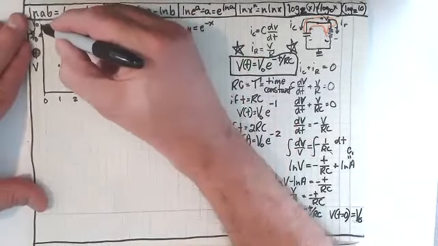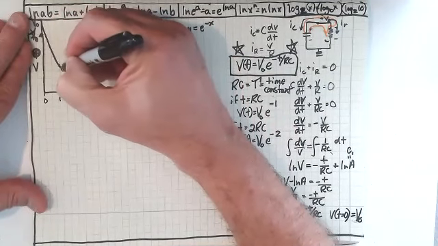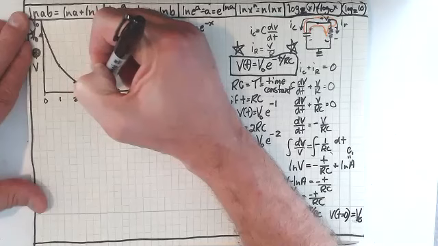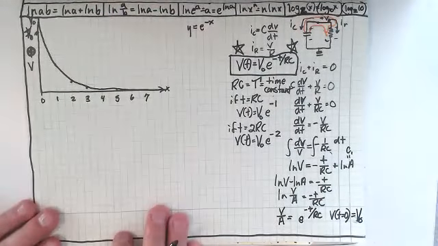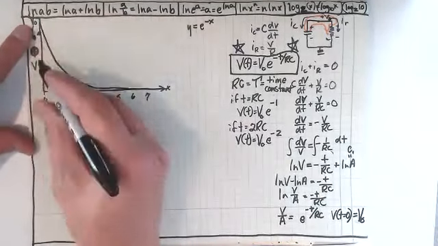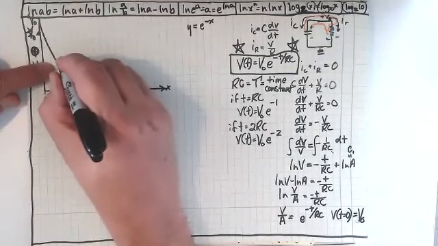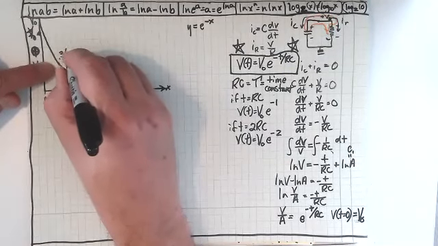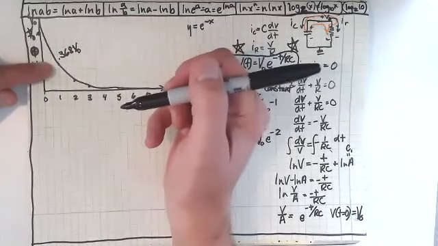Right, so here's how it looks. This is how the function looks on a graph. Isn't that great? So we start at v0 at 0, and then by 1 time constant, so this is tau, we are down to 0.368 v sub 0.